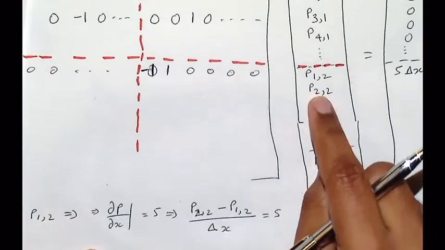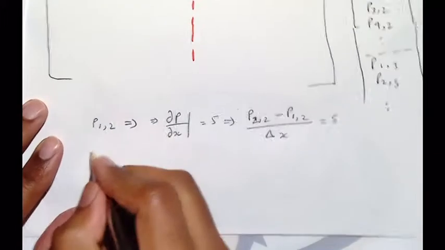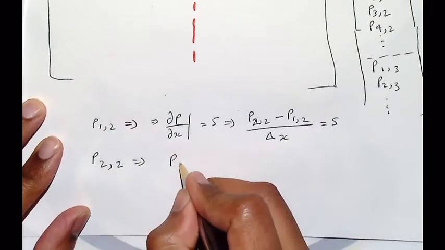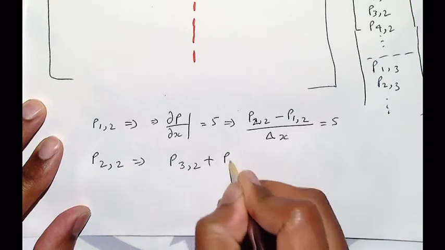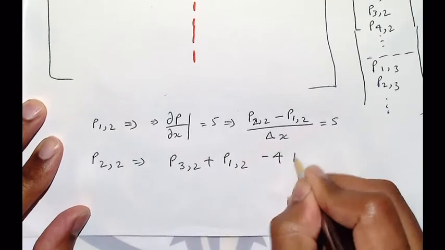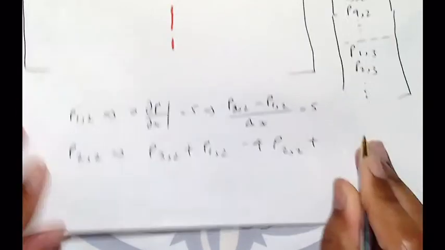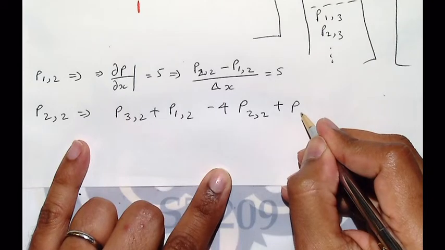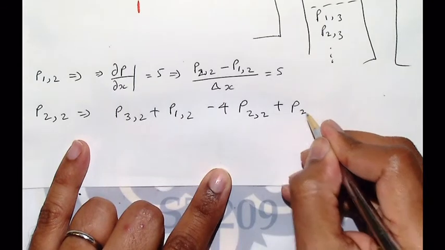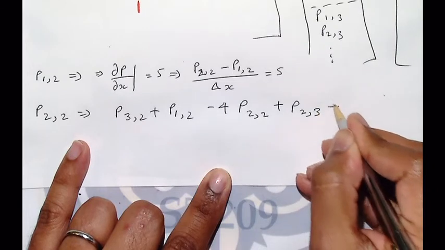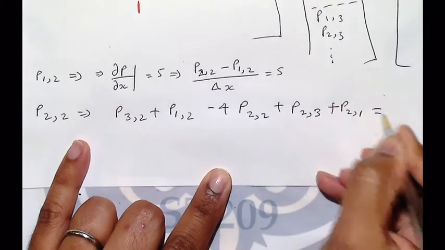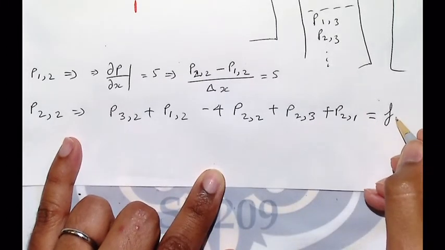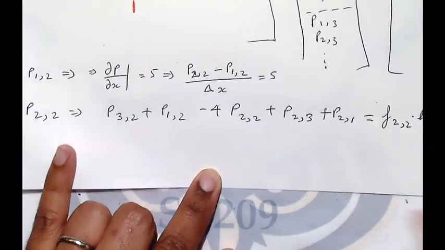Now this is actually an inner node. So for this we can use the full formula, which is p3,2 plus p1,2 minus 4 p2,2 plus p2,3 plus p2,1 equal to f2,2 times h squared.